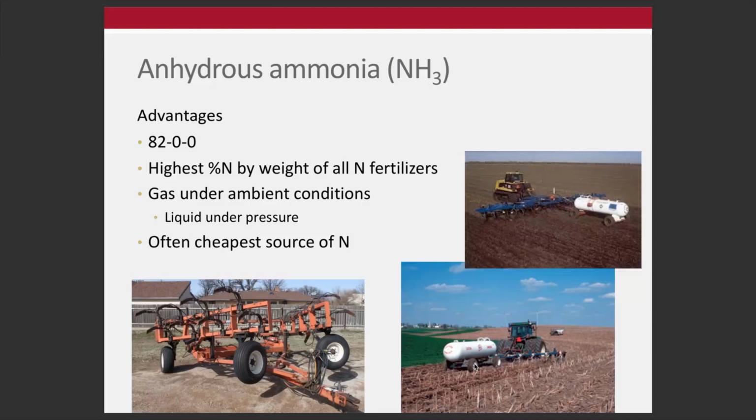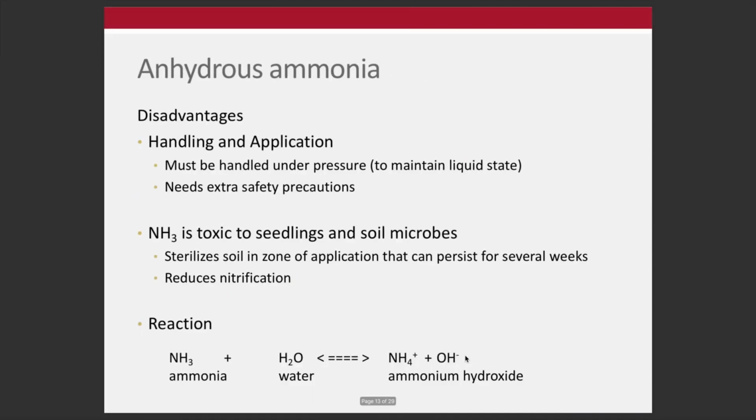These aren't propane, but anhydrous ammonia that's been pressurized into a liquid form and stored in these tanks. And you can even see in the springtime these applicators moving across the field, making applications with this anhydrous ammonia on the back, just as the nitrogen source that's getting applied to the soil.